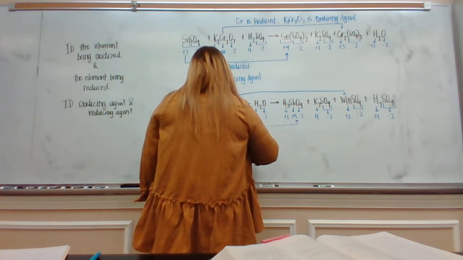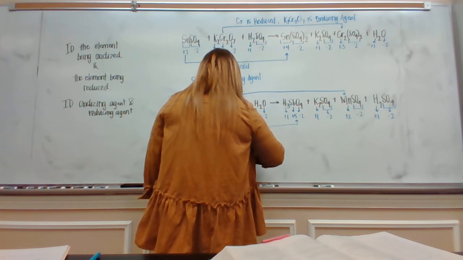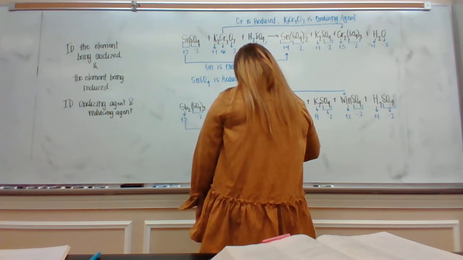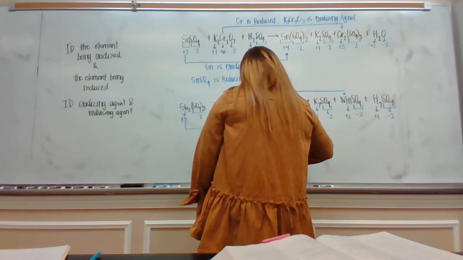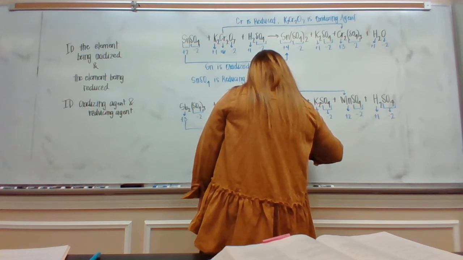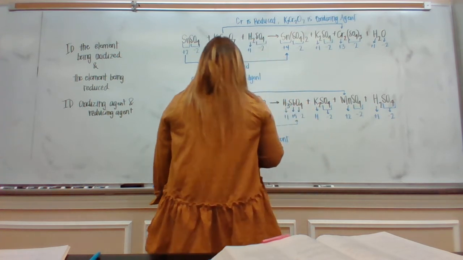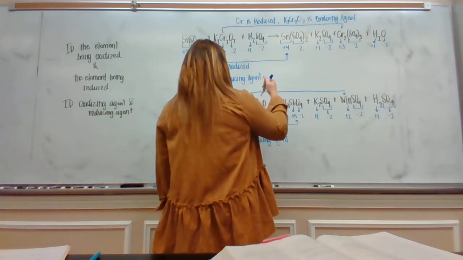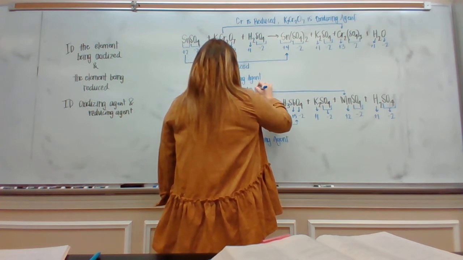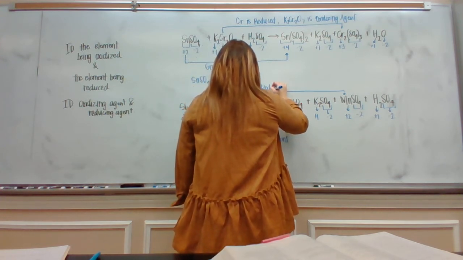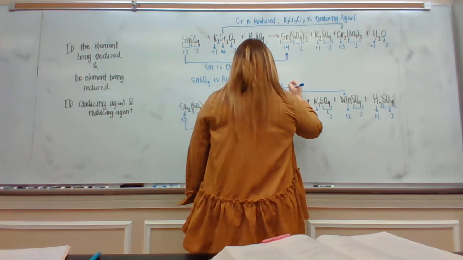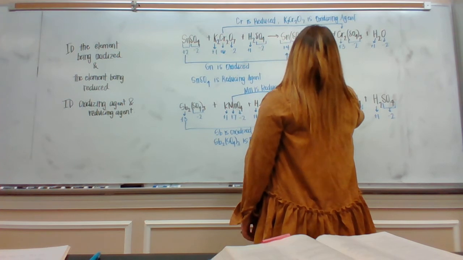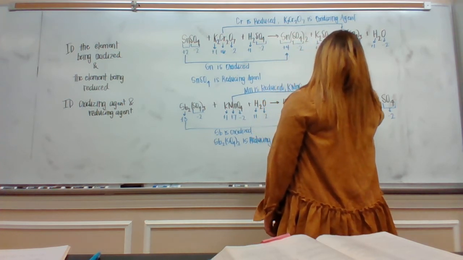Meaning Sb SO4 is my reducing agent. Then manganese goes from +7 to +2, so it's being reduced. Meaning KMnO4 is my oxidizing agent.